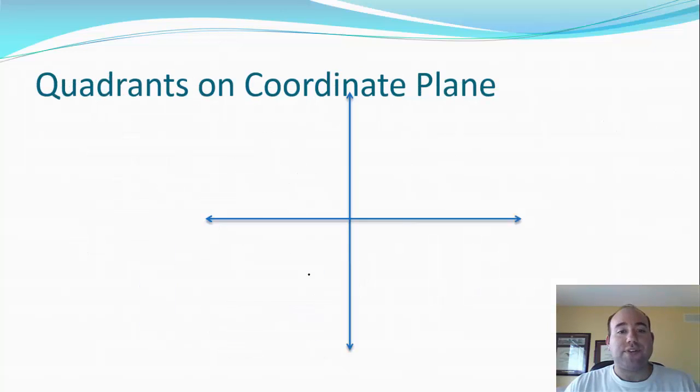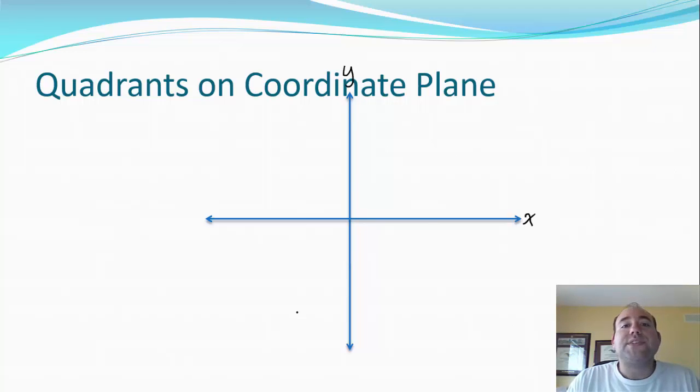Okay? Now, changing gears and focusing a little bit more on graphs, if you look next on your note sheet, you see quadrants on the coordinate plane, and I gave you a blank coordinate plane. We're going to label that just to review where the quadrants are and what each quadrant means. So to start with, let's label our axes. Now, our horizontal axis is always the x-axis, the one that goes from left to right. The vertical, or the up and down, is always the y. Okay?